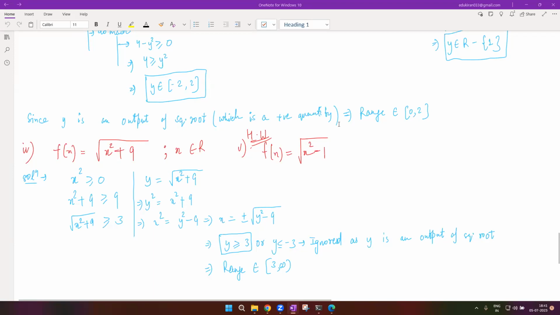For everyone else, we have discussed how to find the range of a function, and we have discussed four questions from that. I gave you this question as homework: f(x) = root over x square minus 1. Can you tell me the answer? Has anybody solved this?